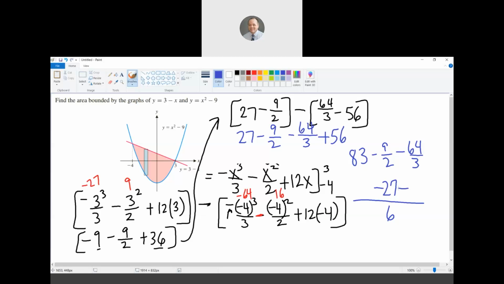For the last fraction, 3 goes into 6 2 times, and negative 64 times 2 is negative 128. To rewrite 83 as something over 6, just multiply 83 by 6, and that's 498.